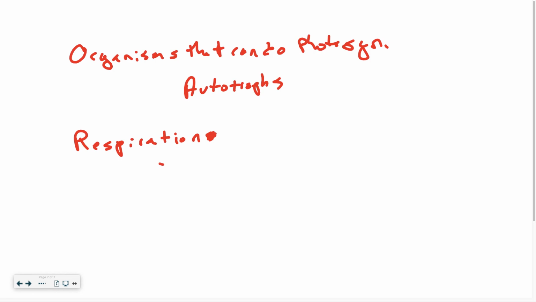What kind of organisms do respiration? Take glucose and go all the way to ATPs. Heterotrophs do respiration. They take glucose, break it down in glycolysis, do the Krebs cycle, do electron transport, and get 36 ATPs.